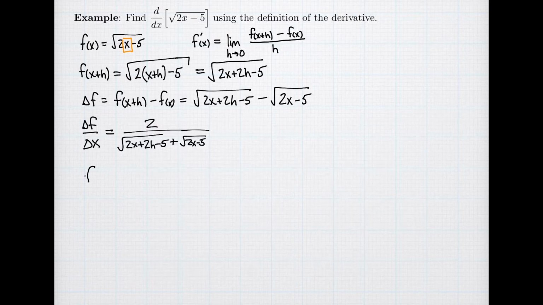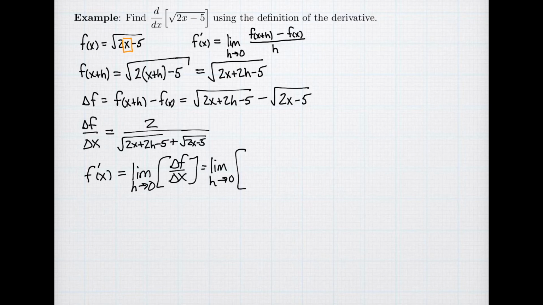Our derivative, f prime of x, is defined to be what we get when we take a limit as h goes to 0 of the average rate of change. And so we take a limit as h goes to 0, and we use the simplified formula for our average rate of change. So we get 2 divided by what turned out to be our conjugate term.